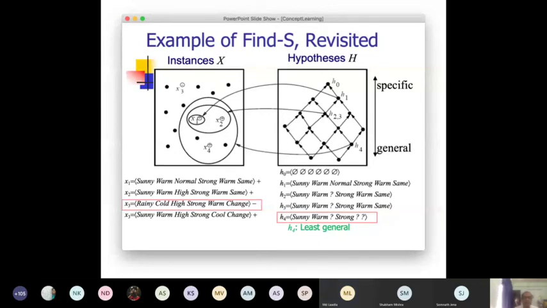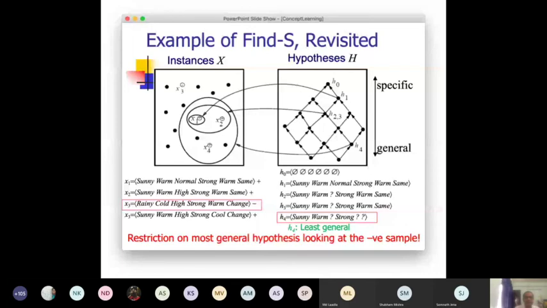If you make it Warm and all question marks, then Rainy also creeps in. Warm and all should also be there. That is perfect. So let us proceed.